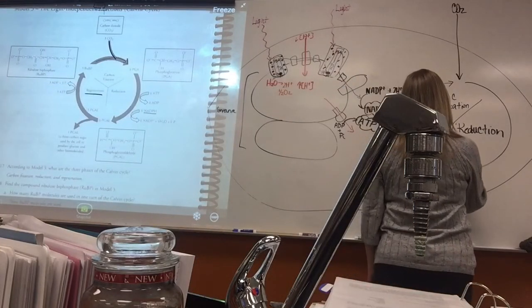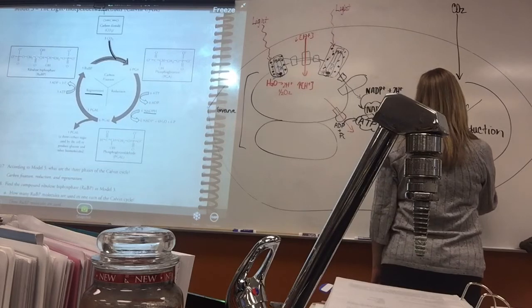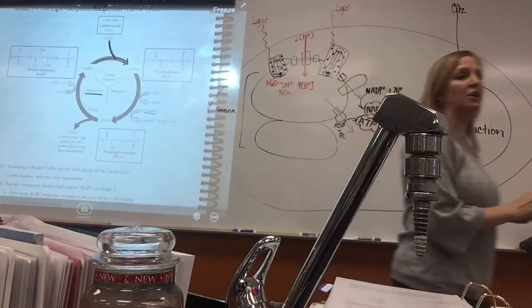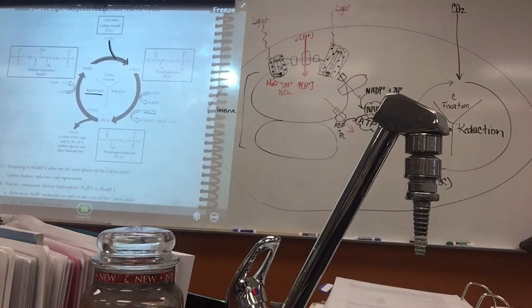And so, let me ask you this: how many PGALs does it take to make a glucose? How many PGALs does it take to make a glucose molecule? What do you think, Joe? 2.